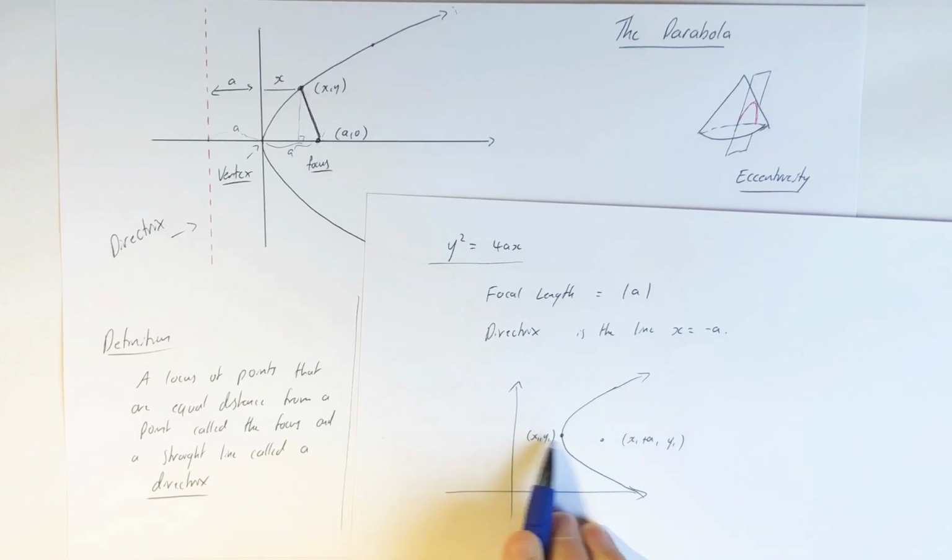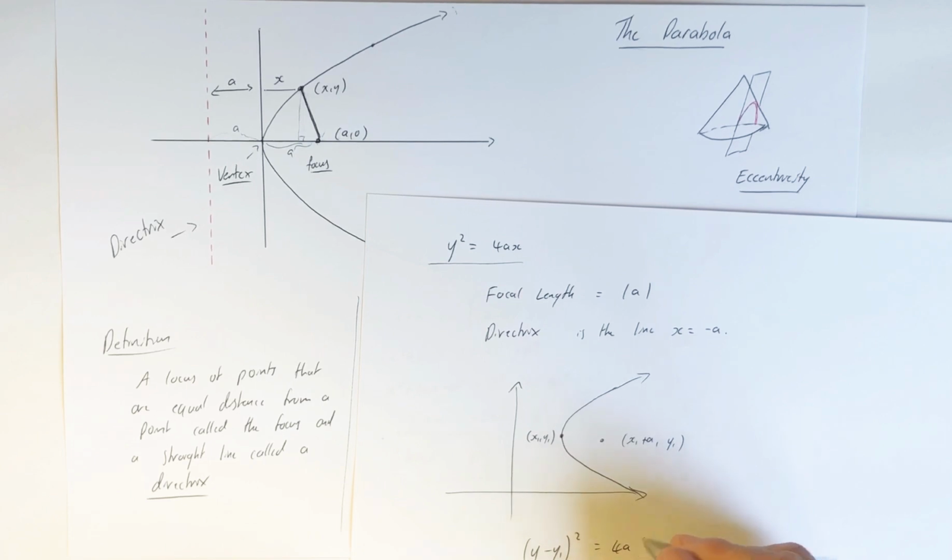So if I had moved it across x1 and up y1, then my focus would be a away from that vertex. And so this equation would be y minus y1 all squared equals 4a times x minus x1.